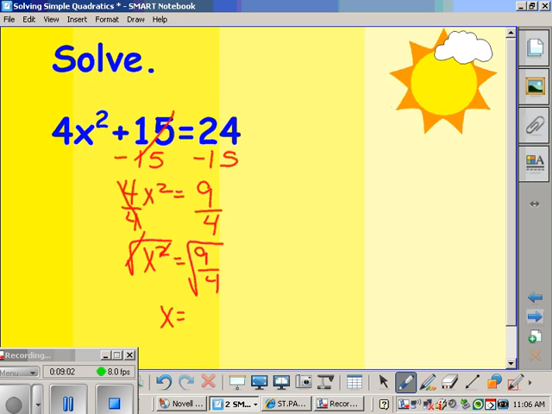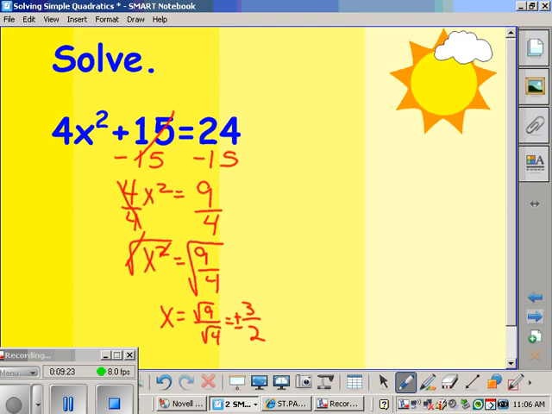Now, 9 and 4 are both perfect squares, so if you took the square roots of them individually, that would be 3 halves. But what you need to remember, and this is the part that people forget, is when you're solving a quadratic equation and you get down to the step where you're taking the square root of the right side, you need that plus and minus sign in front.